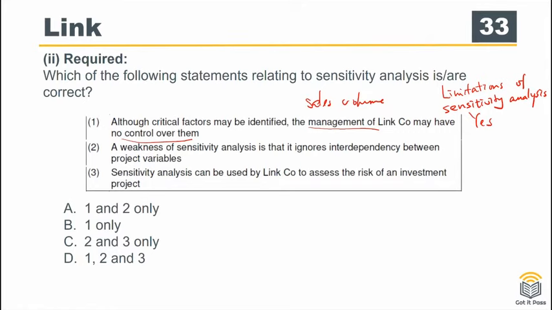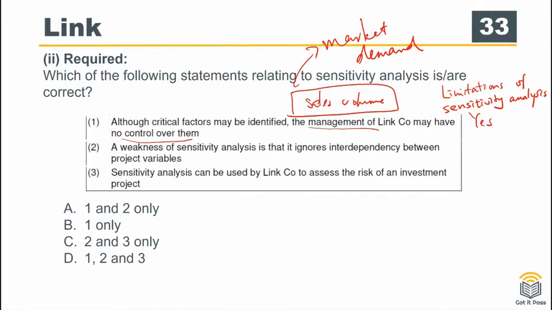So even if you identify the sales volume as one of the critical factors to do the sensitivity analysis, the management cannot have control over them. Okay, because, for example, it is affected by market demand. Yeah, market demand cannot be changed sometimes by the management.